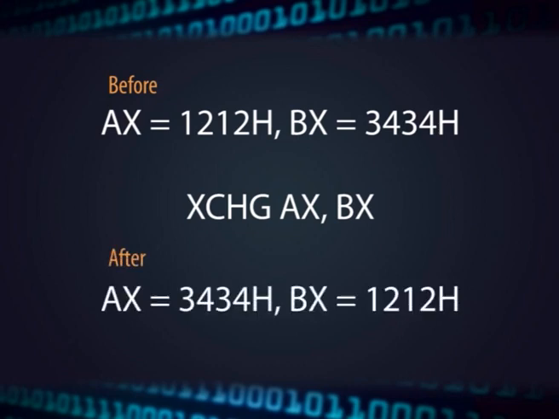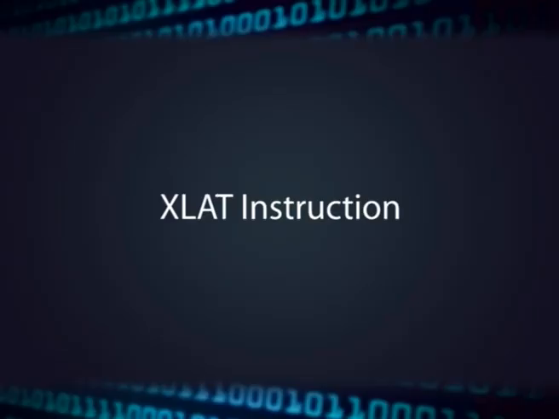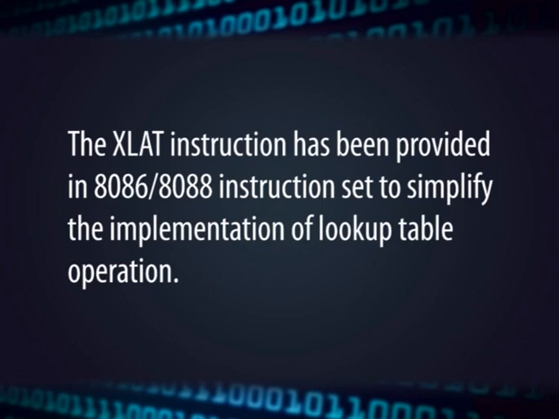1212 hex. The next category of the data transfer instruction is the XLAT instruction. The XLAT instruction has been provided in the 8086, 8088 instruction set to simplify the implementation of lookup table operations.